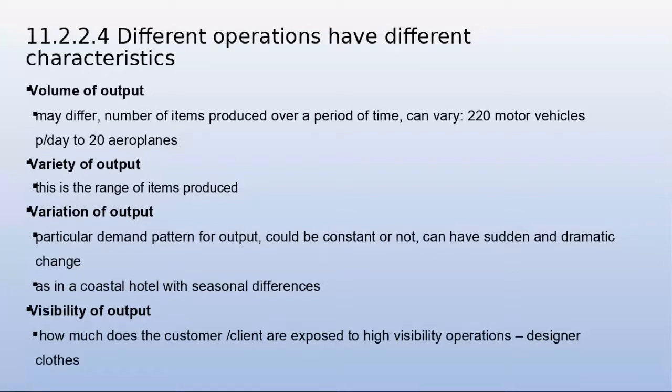Remember that the process doesn't change. If we, for instance, look at a car factory, a McLaren versus a Ford, both of them use the same process. Both of them are assembling a car, but the volume of output differs.